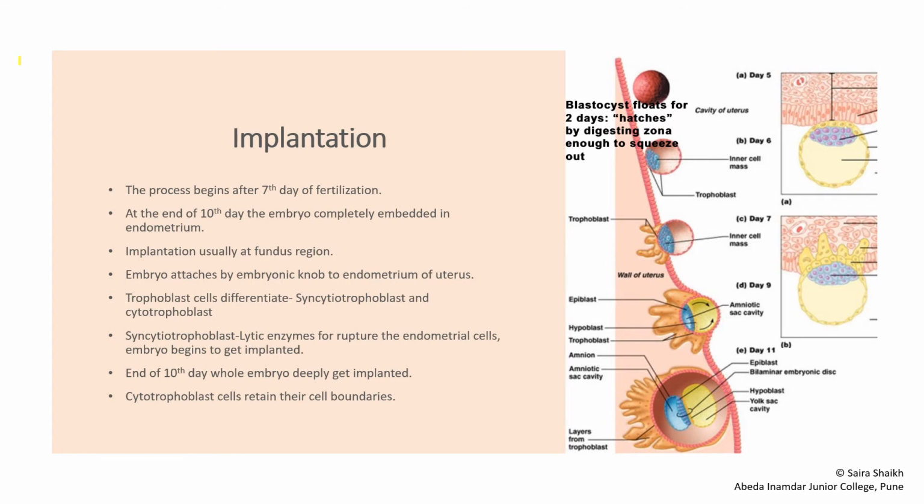Student, now let us focus on the implantation process. It is similar to the sowing of a seed into the soil. Here, the seed is the blastocyst and the soil is the endometrium. The seed is sown into the endometrium.